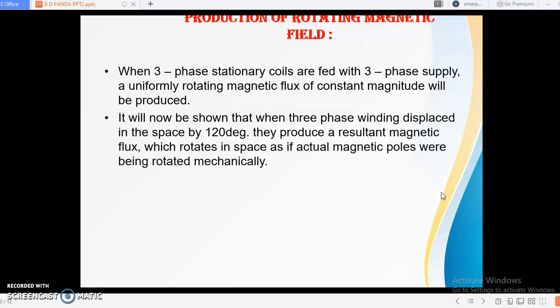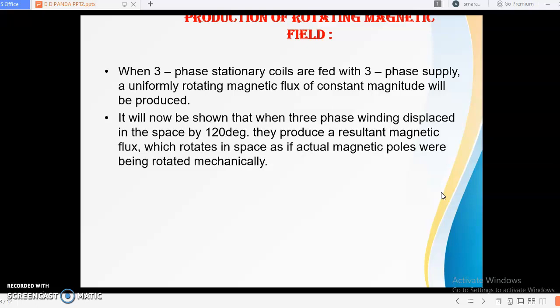See, we have three-phase winding, three different phase windings, and they are displaced in the space. We know the space is as a whole 360 degree. So this space is to be divided by three different windings. So the space between each of the phase will be 360 divided by 3, that is nothing but 120 degree.